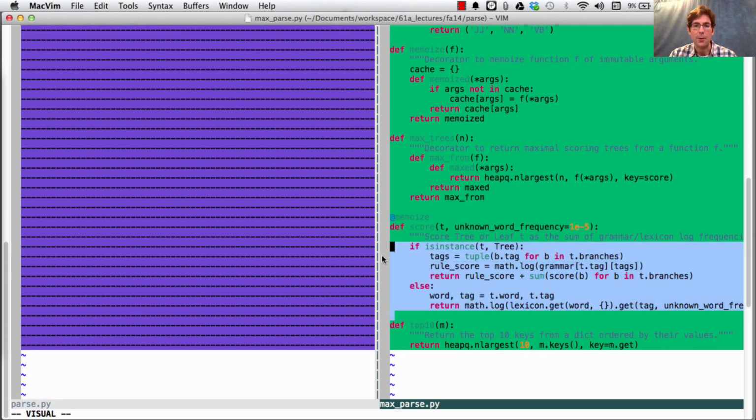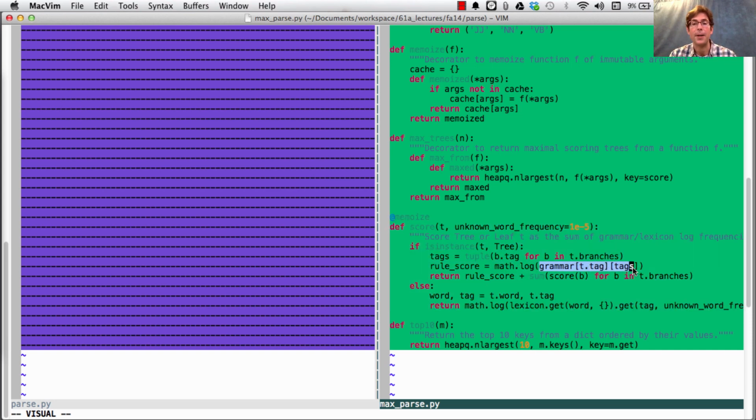And what's that score? Well, it's defined by this function that says count up the number of times that you saw the grammar use this tag with this expansion, take its logarithm, and sum those scores together. Now, summing a logarithm is the same thing as multiplying the original number. So we're just multiplying together all of the frequencies, which are stored in this grammar dictionary.